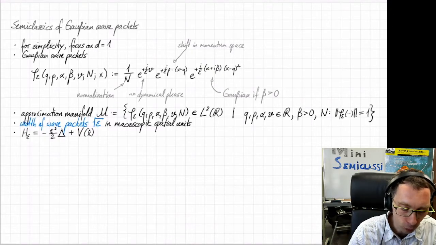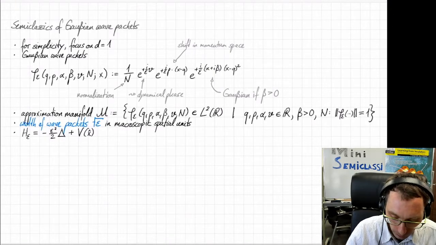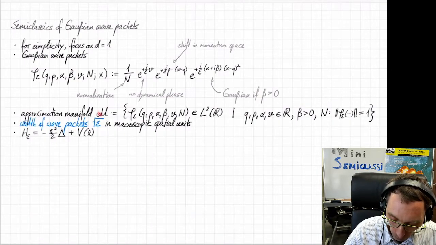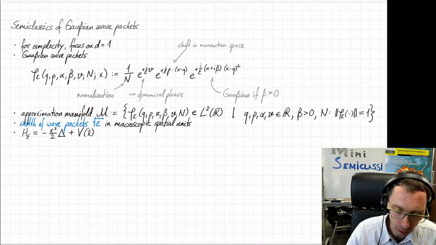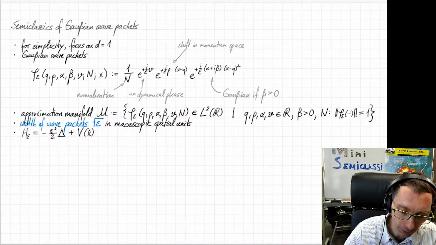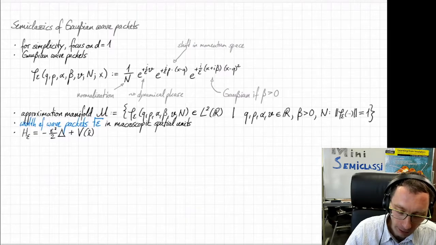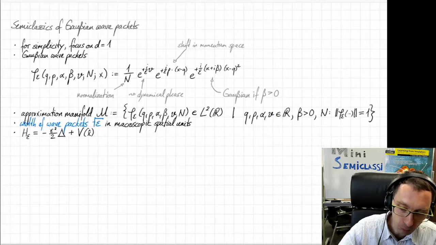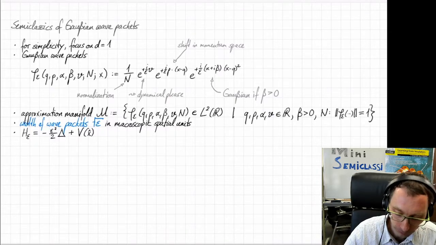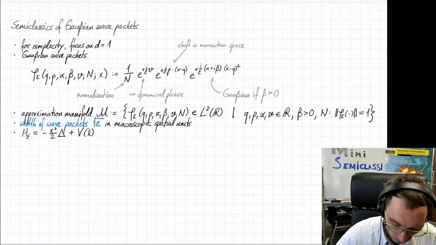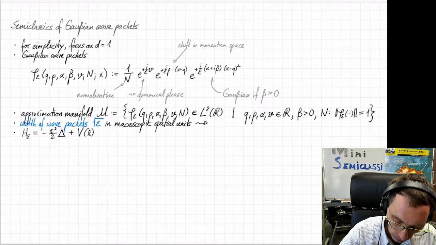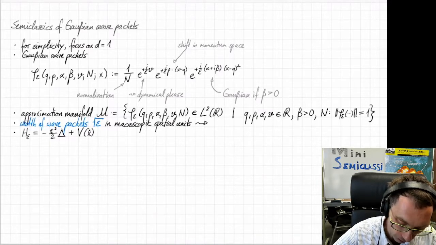And okay, why is this important? Well, if we're using macroscopic units, the microscopic length is epsilon, and the macroscopic length is order 1. So the width of the wave packet is large on the microscopic scale, but it's small on the macroscopic scale. So let me just write this as, let's say, a stupid inequality.